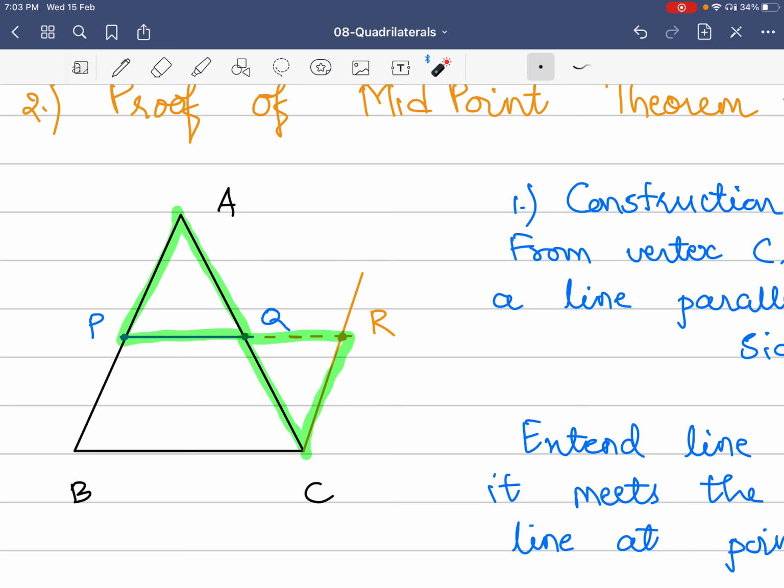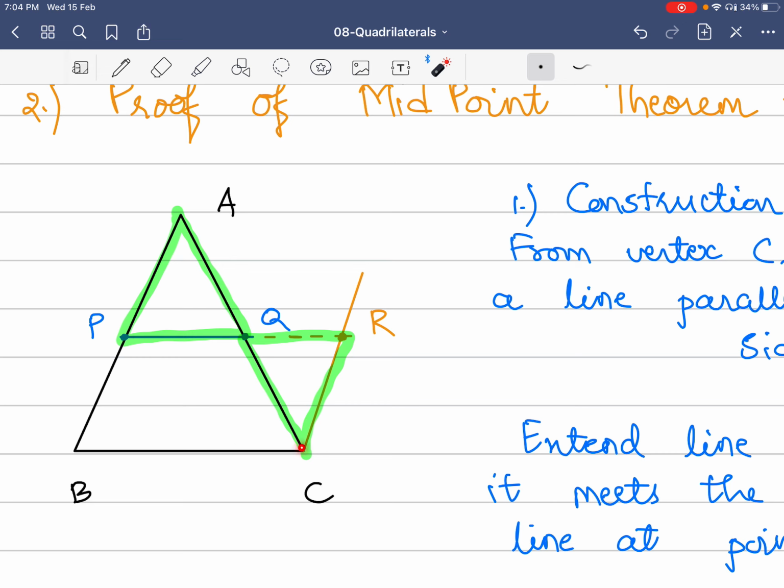So once we prove CR is equal to BP, then these two sides are parallel and equal to each other. That means this whole quadrilateral is a parallelogram. Obviously, opposite sides are parallel to each other. So PQ, or rather PR, is parallel to BC. So PQ is also parallel to BC. So that's the first thing that we prove.